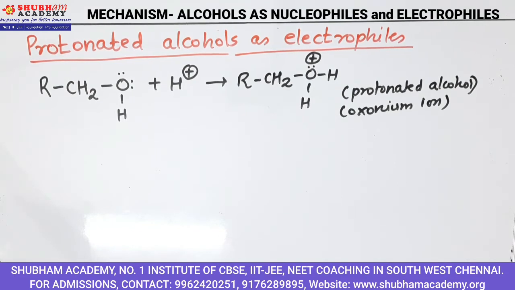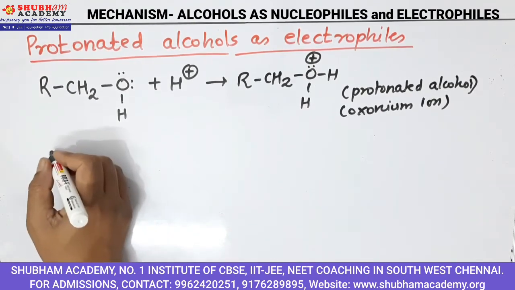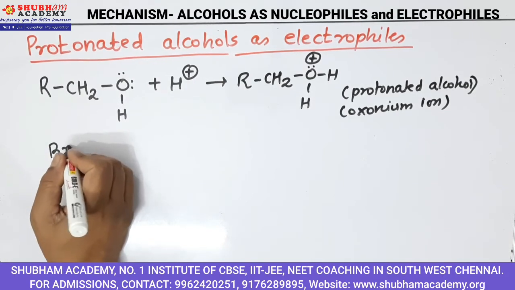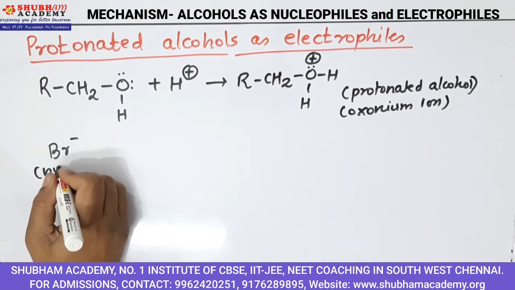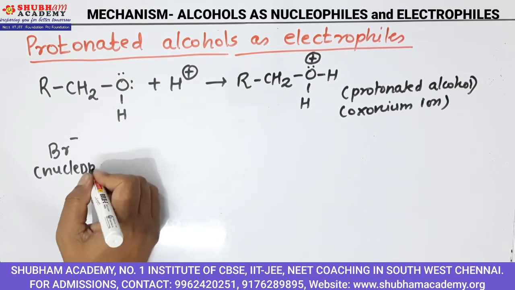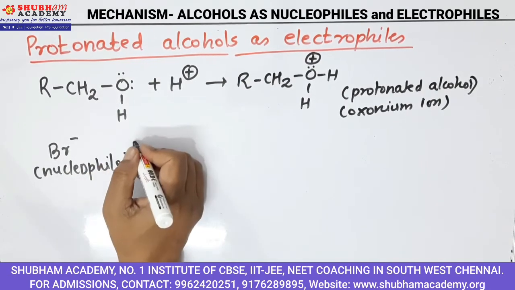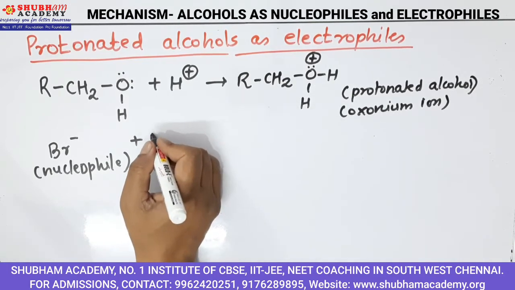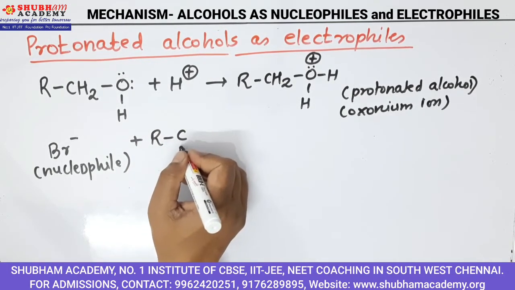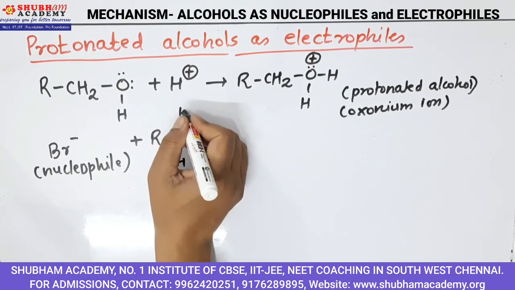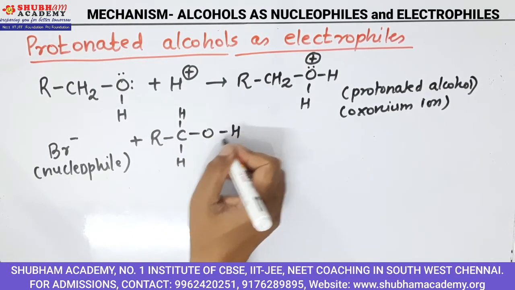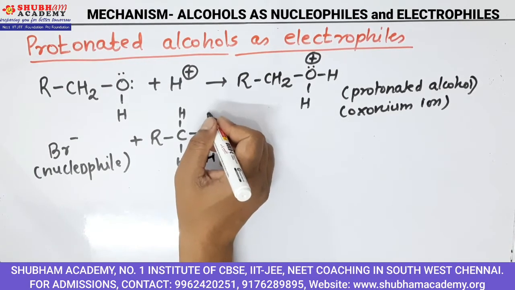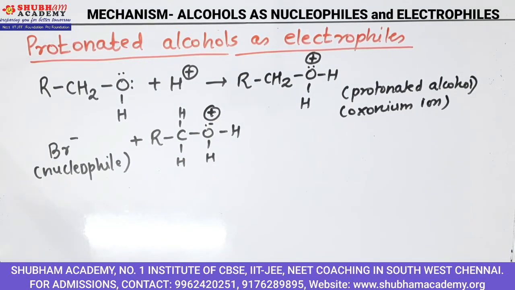So when this protonated alcohol comes in contact with a nucleophile, okay, suppose we have a nucleophile as Br minus, right, when this comes in the environment of RCH2OH2 plus, right.